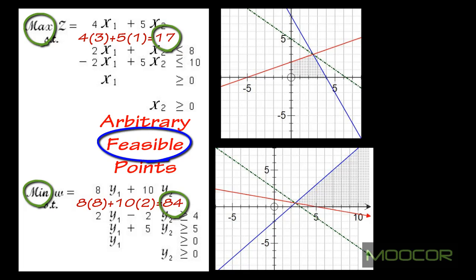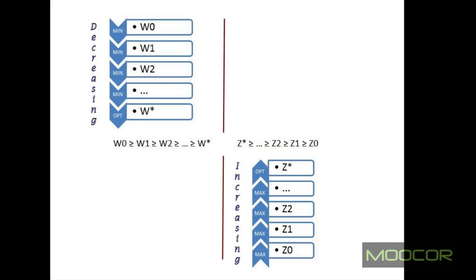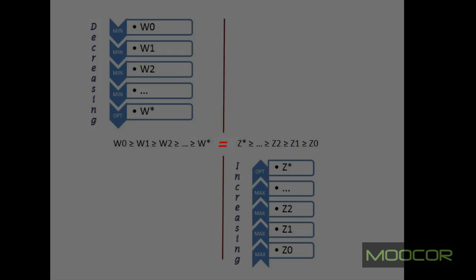And don't forget that this is for feasible points of both problems. In general, it's always true as you go through these different tableaus, the values of w get smaller until it reaches the optimal solution, and the values of z get larger until it reaches its optimal solution.